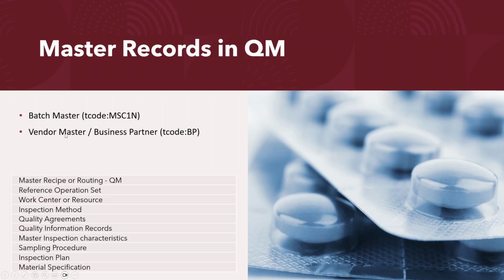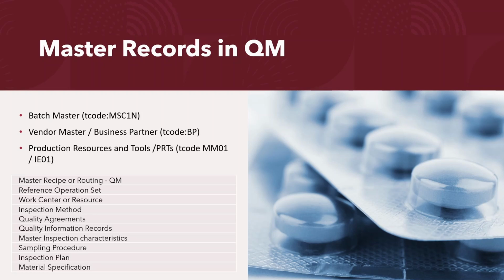We're going to be talking about the vendor master as well, and basically production resources and tools. We're going to be using this in certain cases when we want to have some equipment, for example, or materials, or both of them, to run whatever is related to the calibration process.